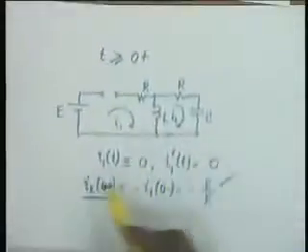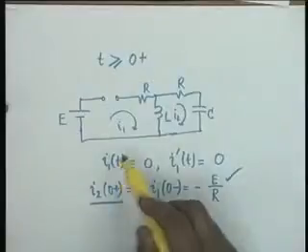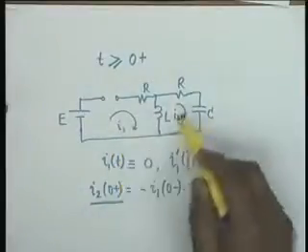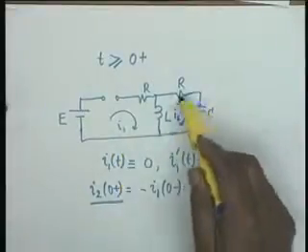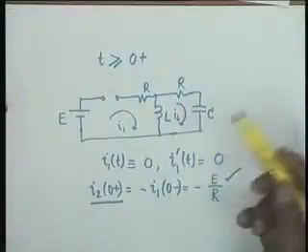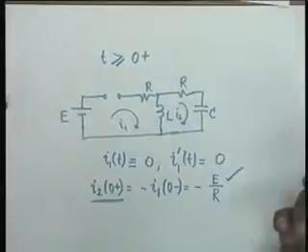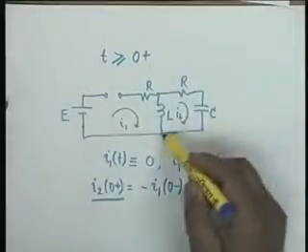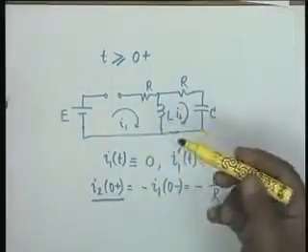Is that clear? At t greater than or equal to 0 plus, this current is 0, and therefore I have only one mesh: Ri2 plus the drop in C, which is 1 by C integral I2 dt plus Vc 0 minus, plus the drop in L, which is simply L di2 dt.